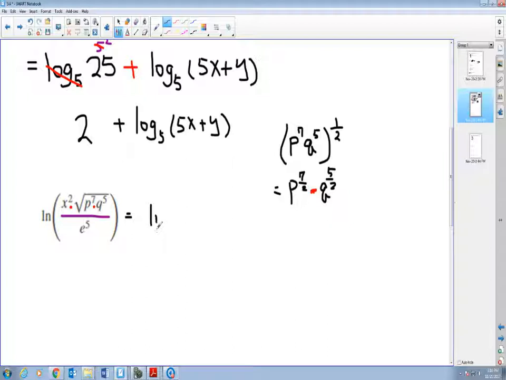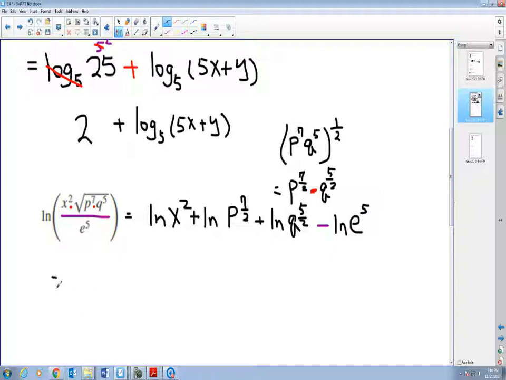That would be natural log of x squared plus natural log of p to the 7/2 plus natural log of q to the 5/2, minus, there's only one factor down here, or one base down here, so minus natural log of e to the 5th power.